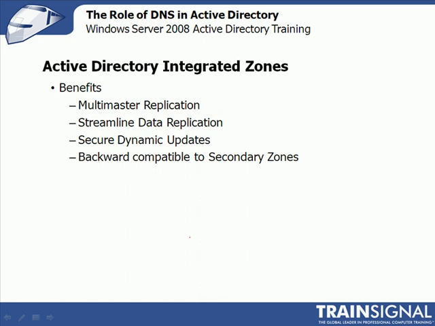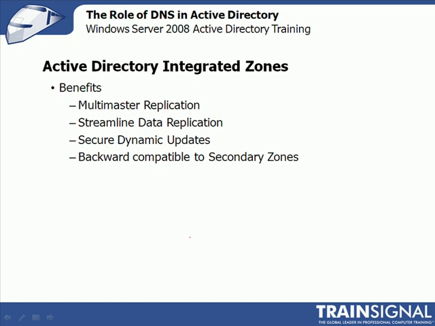And the last benefit here is that Active Directory integrated zones are backward compatible to secondary zones. So if you have an old DNS server, whether it be an old Windows DNS server or maybe a Unix DNS server or some kind of DNS server that doesn't support Active Directory integration, that's okay.